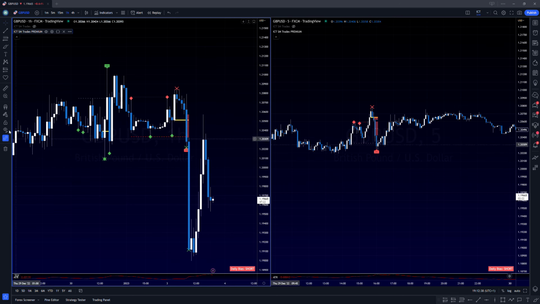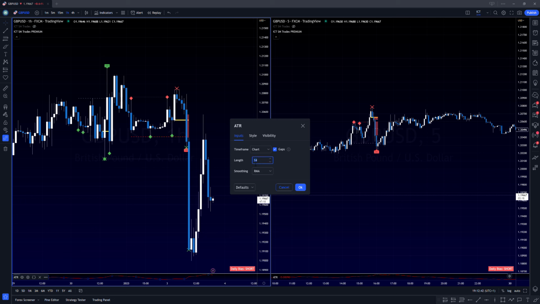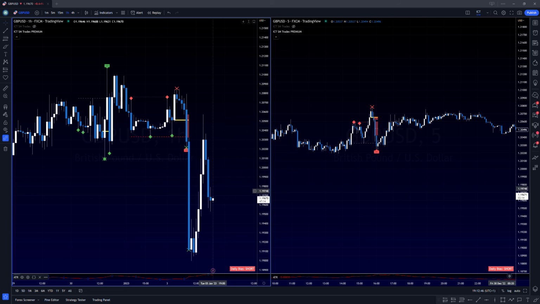So, for example, if I have ATR with a length of 14 candles, the ATR would look 14 candles back. For each candle, there will be a length of high minus low, and an average is made of these candles.